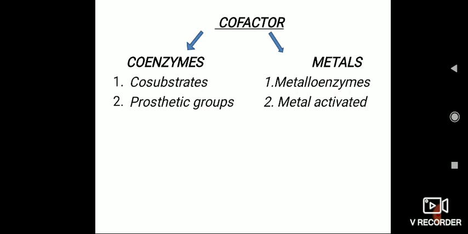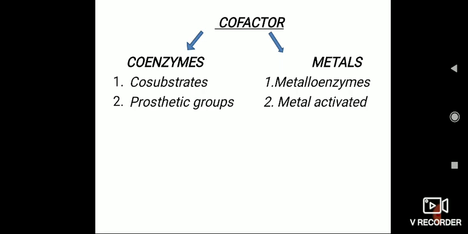The second is the prosthetic groups. Prosthetic groups are the groups that are bound to the enzymes, that are attached to them. In metals, it is also divided into two parts, the metalloenzymes and the metal activated enzymes.